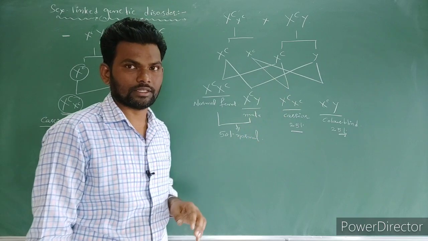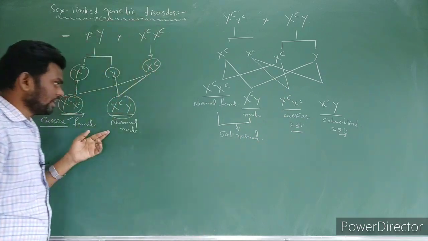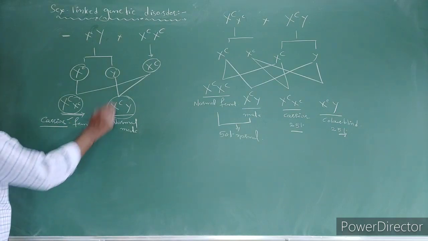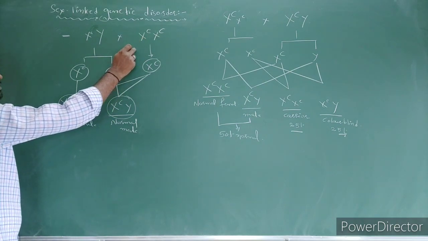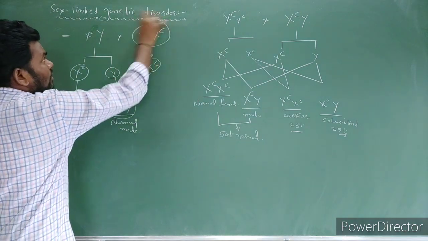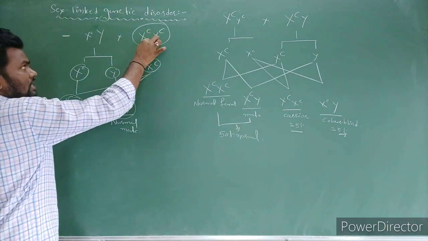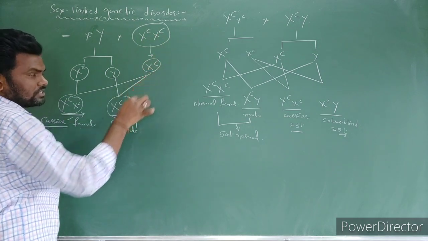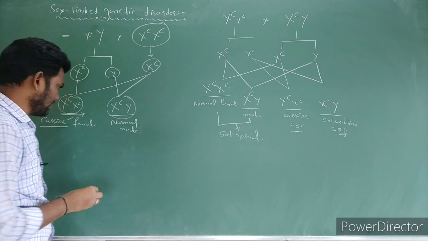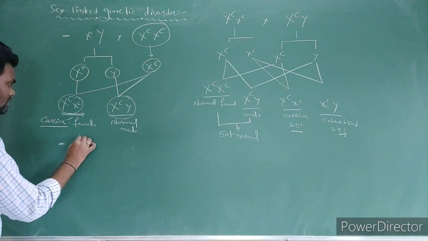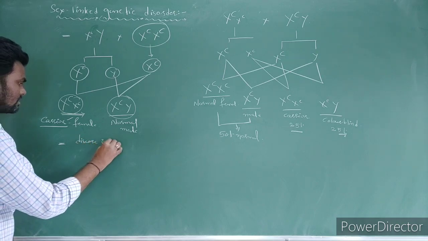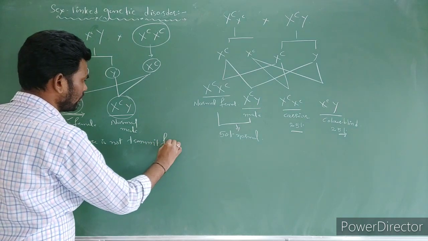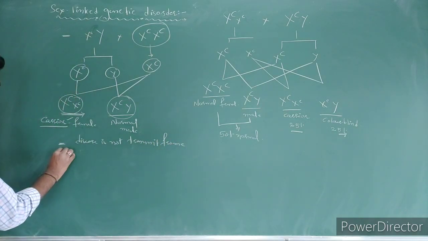So like that we have to recognize one thing. And second, why is this progeny normal? Because in this case the female is normal. In such a cross, if the female is normal, she does not transmit the mutated gene to the next generation. It means the conclusion is that the disease is not transmitted from male.